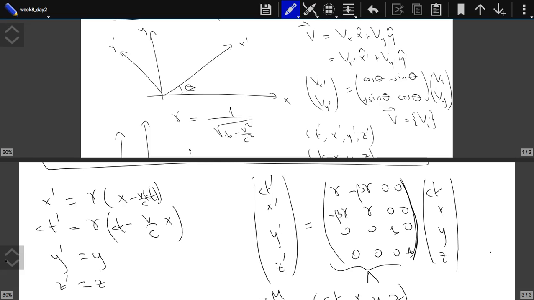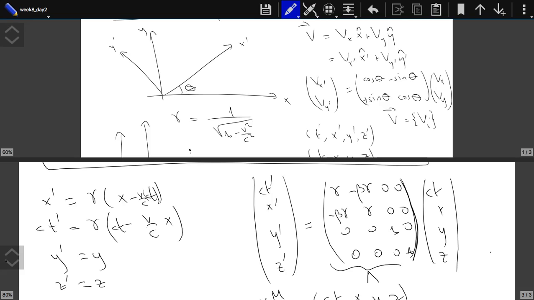Since you are not allowed to set it to 0, this beta just remains over there. This one will probably go to 0 because it's not multiplied by c, but this beta will stay since it's multiplied by c. If you want to recover the Galilean relativity, you have to keep this one.